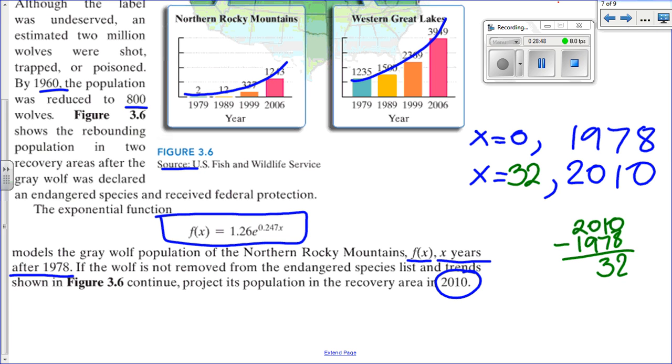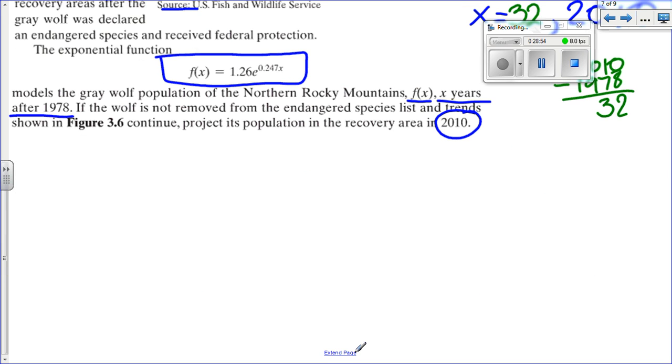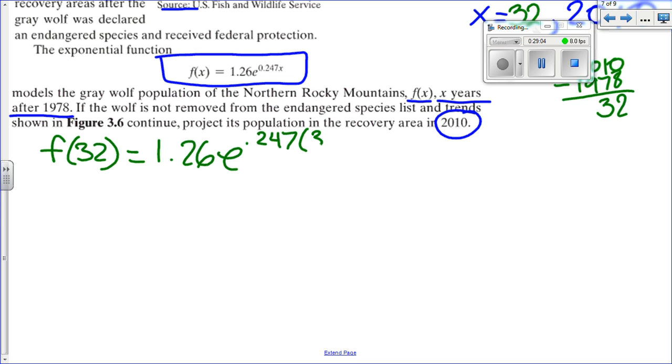So with your calculator, I want you to find f of 32, and that would be 1.26 e to the power 0.247 times 32. Does anyone need help entering that on the calculator? We did a lot of that in Algebra 2.